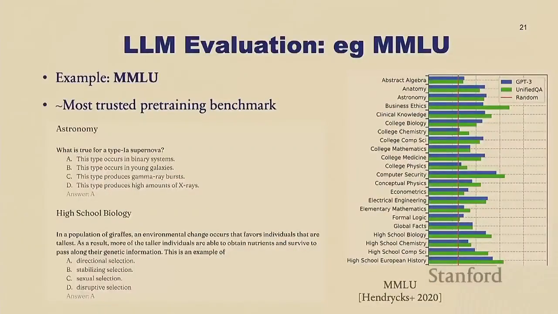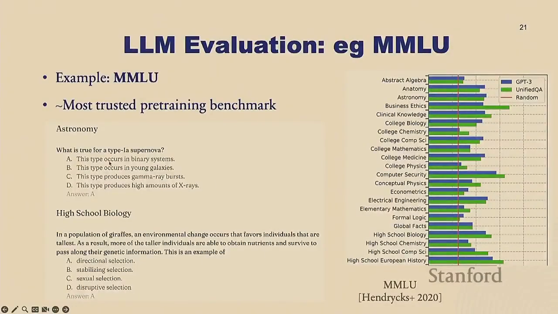To give you a specific example, MMLU is probably the most common academic benchmark for LLMs. This is just a collection of many questions and answers in many domains, for example college medicine, college physics, astronomy, and these types of topics. A question in astronomy might be: what is true for type 1a supernova?